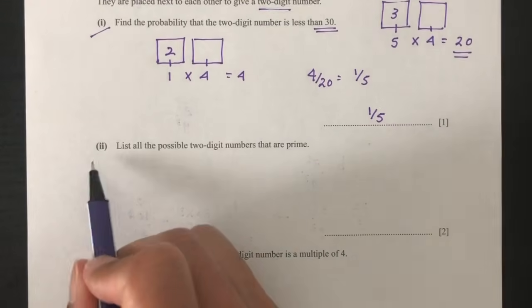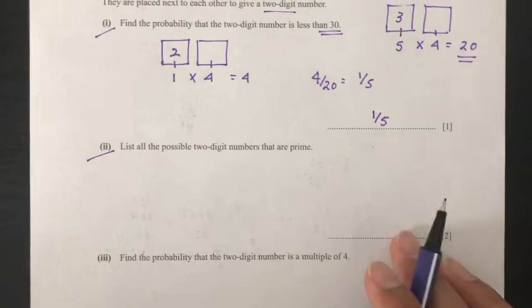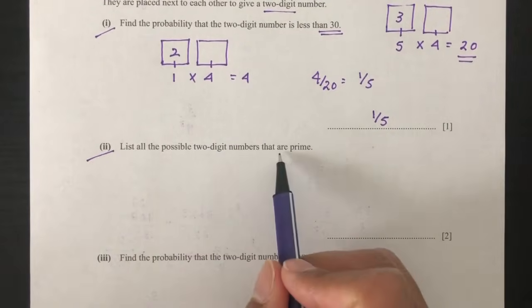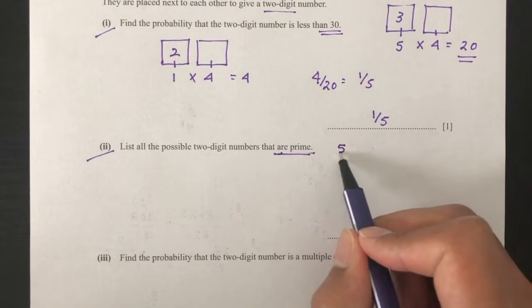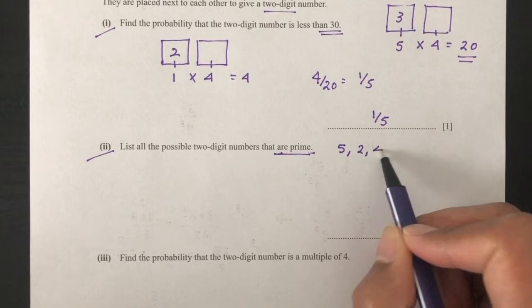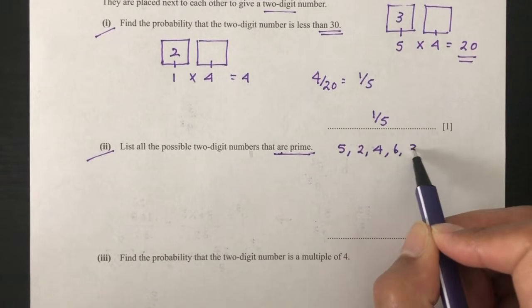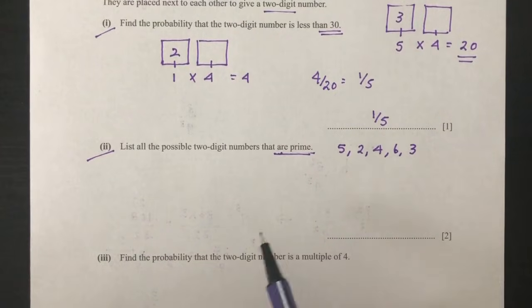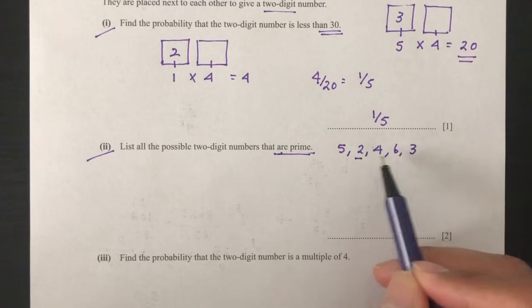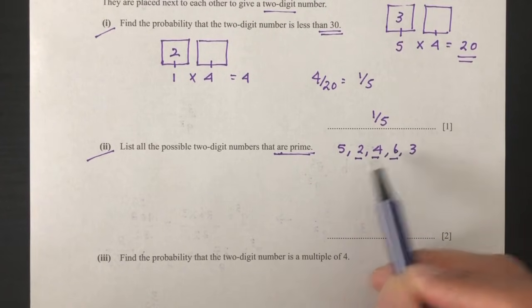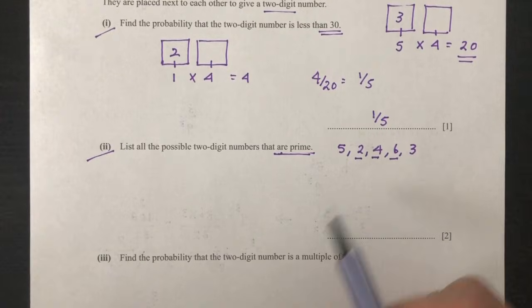Now for part 2, it says list all the possible 2-digit numbers that are prime. So the numbers here we have are 5, 2, 4, 6, 3. As you know, if your number ends with 2, 4, or 6, these are even numbers, so it cannot be prime.